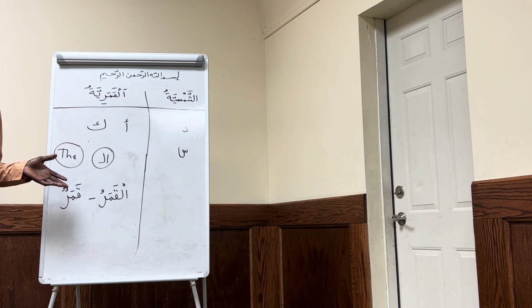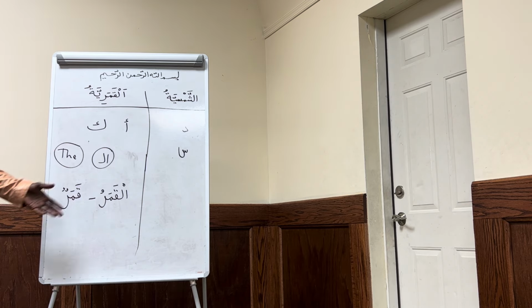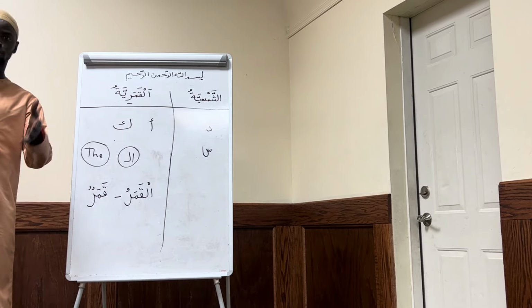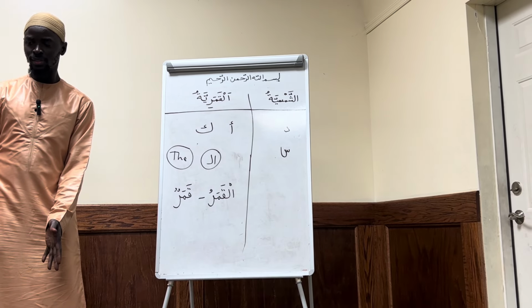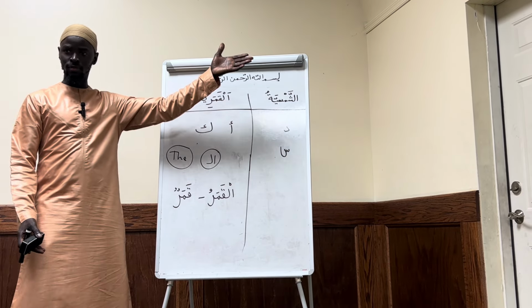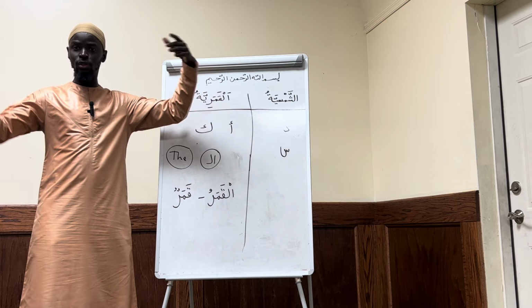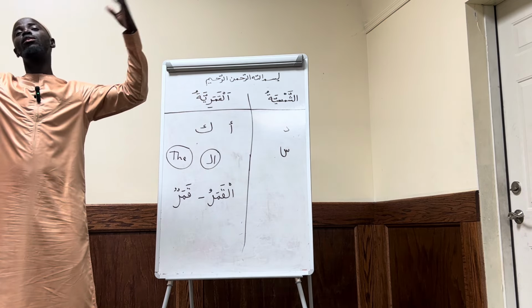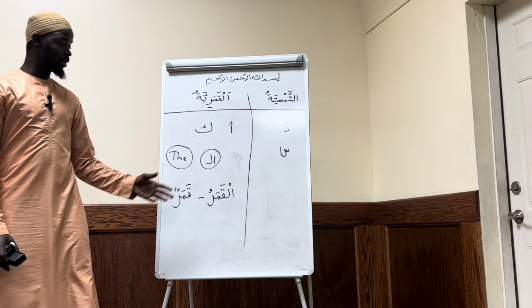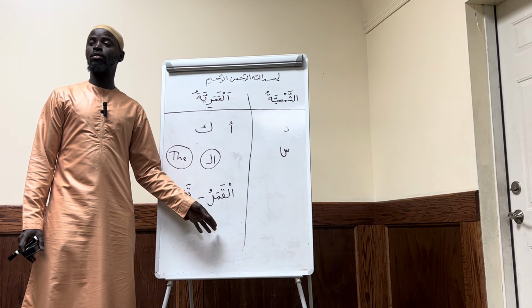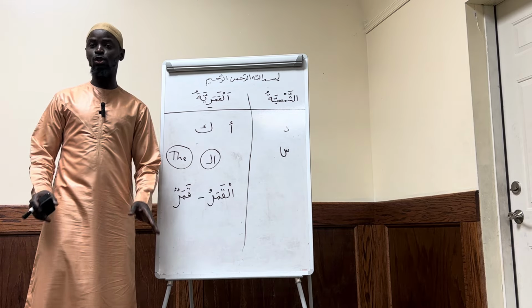We know that we only have one moon, right? But if you say moon, it can be the moon that you see in America, in your country, or anywhere. But the moment you say the moon, that means you know what moon you are talking about.